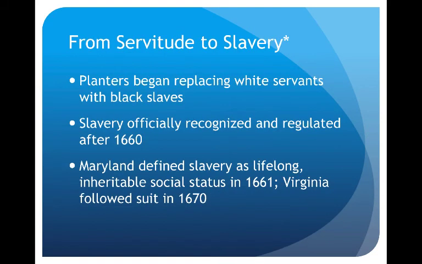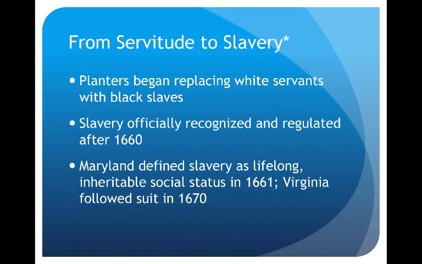All right, so indentured servitude is still a thing here, but as we get later and later into the 1600s, white indentured servants began to become fewer and far between, and black slaves become more and more common. Slavery in 1660 is officially recognized and regulated.